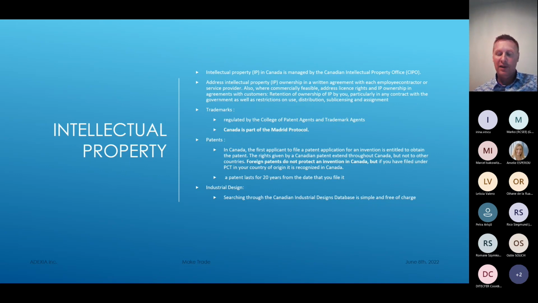In business, they can be sharks, and if there is an opportunity, they will jump onto it. So make sure you protect yourself with contracts, with your IP, your trademarks, your patents, your industrial design. Make sure everything is done properly.